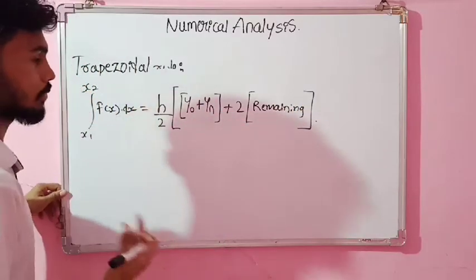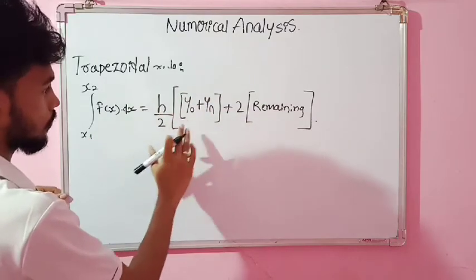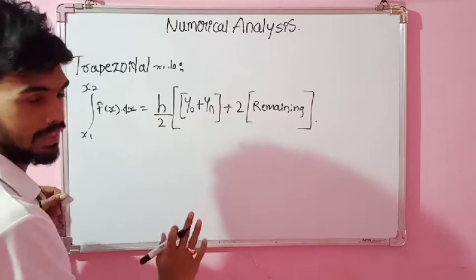We will solve the problems to get to know this. So the trapezoidal rule is given by h by 2 times y0 plus yn plus 2 times the remaining terms.